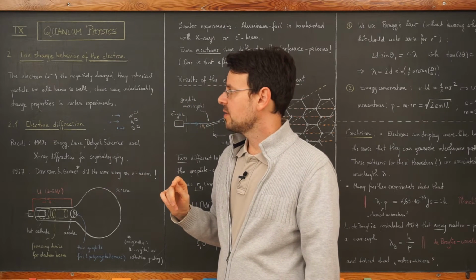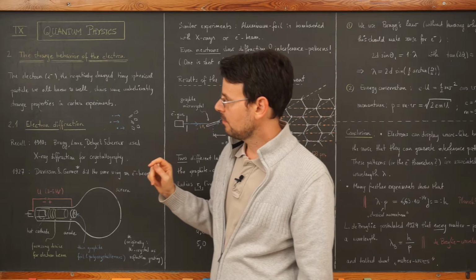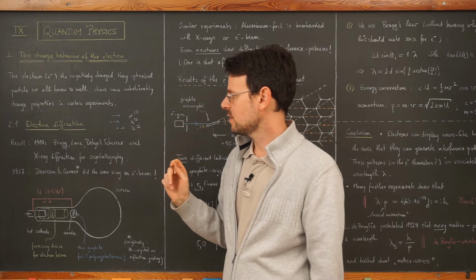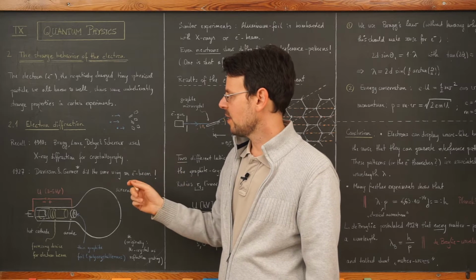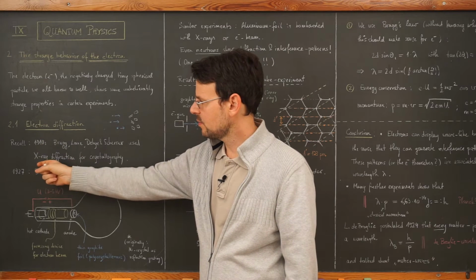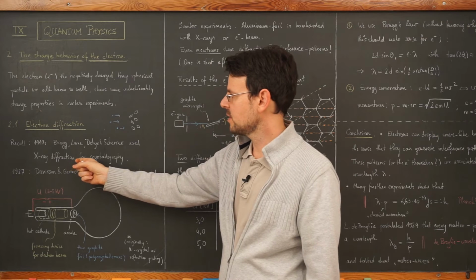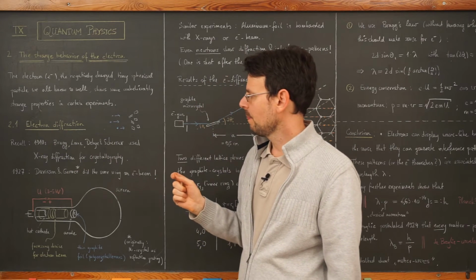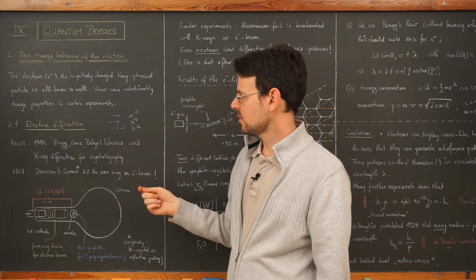Now we are in for a big surprise, because in 1927 the physicists Davisson and Germer made an experiment that was similar to the X-ray diffraction experiments that these guys did in the 1910s to understand the structure of crystals.